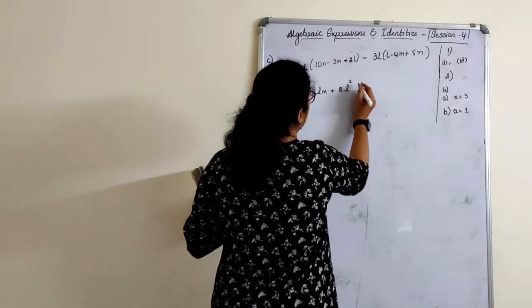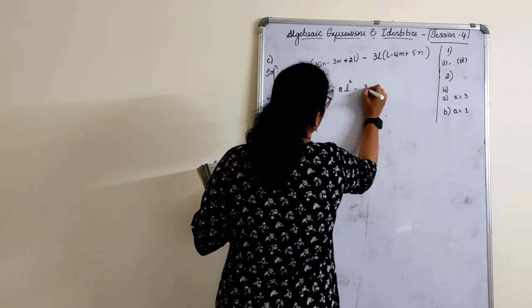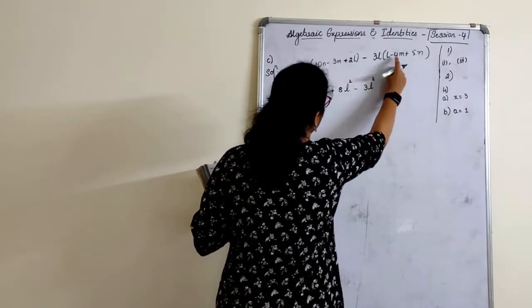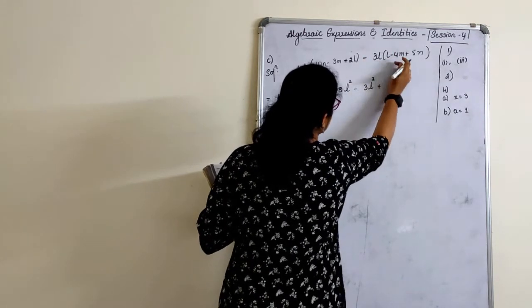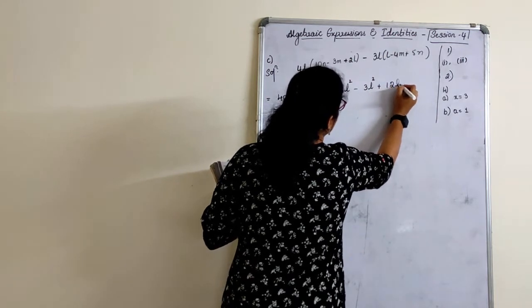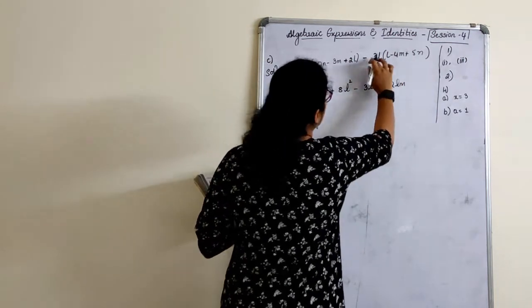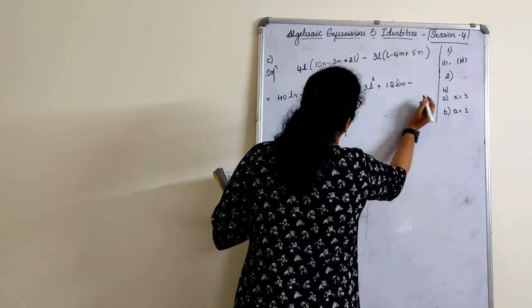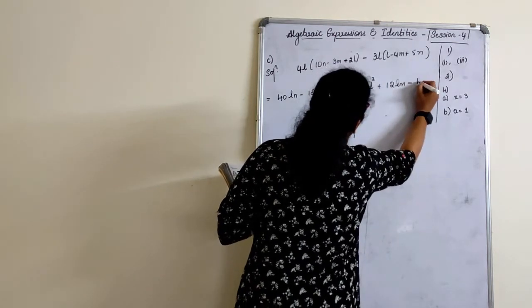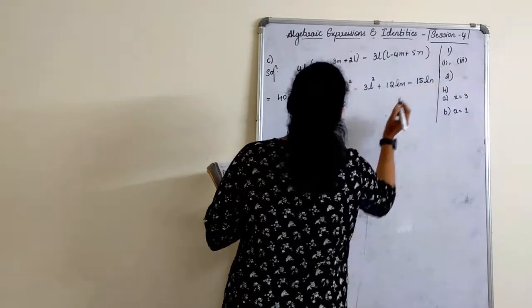Okay. Minus 3 into L, 3 L square. Minus into minus plus 3 4s are 12 LN. Minus into plus minus 3 5s are 15 LN.